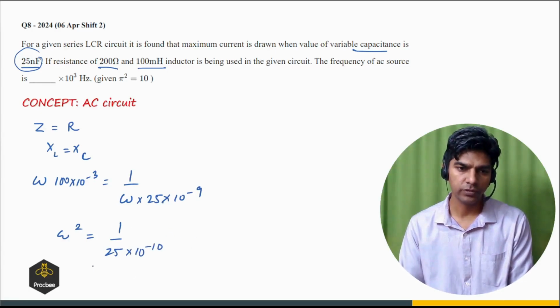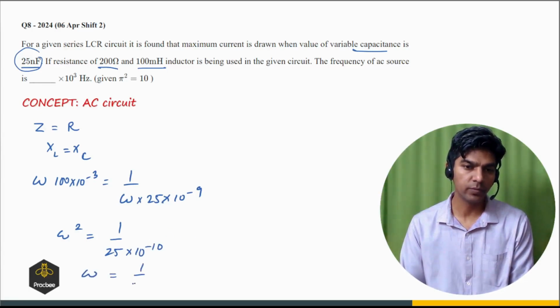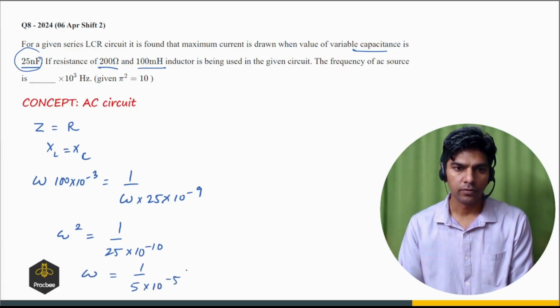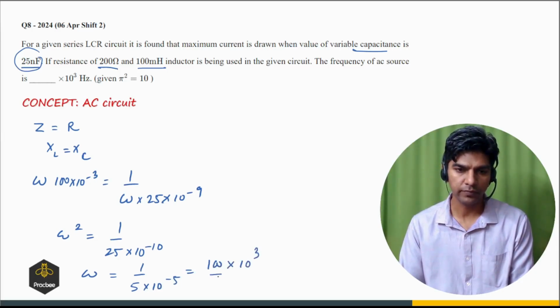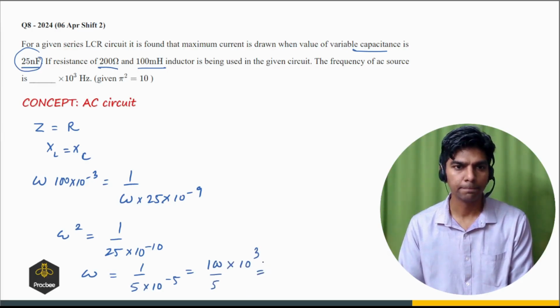Now if you take the square root on both sides, omega comes out to be 1 by 5 times 10 raised to power minus 5. Or this can be written as 100 times 10 raised to power 3 divided by 5, which will be, yeah, so this comes out to be pi term.